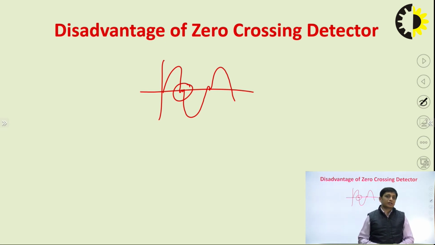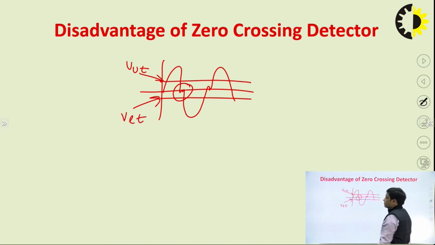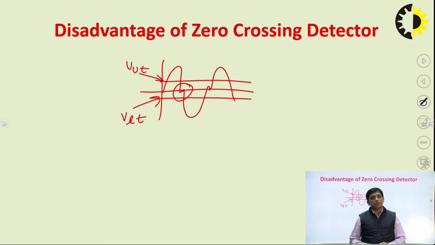The concept of the Schmitt trigger is that two threshold voltages are generated: one is VUT, the upper threshold level, and the other is VLT, the lower threshold voltage. Just by generating these two threshold levels, this noise issue is addressed in the Schmitt trigger. So in short, there is a problem in the zero crossing detector because of noise, and due to noise there are false transitions. In order to avoid false transitions, we use the Schmitt trigger.